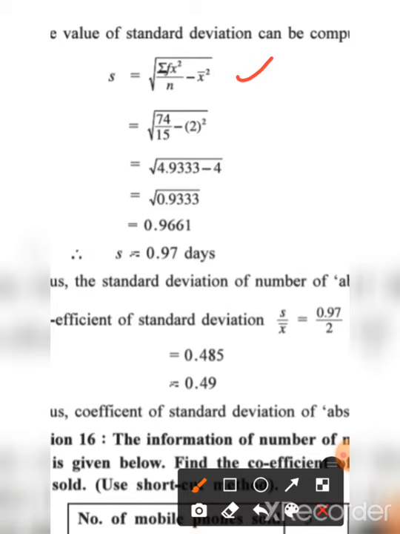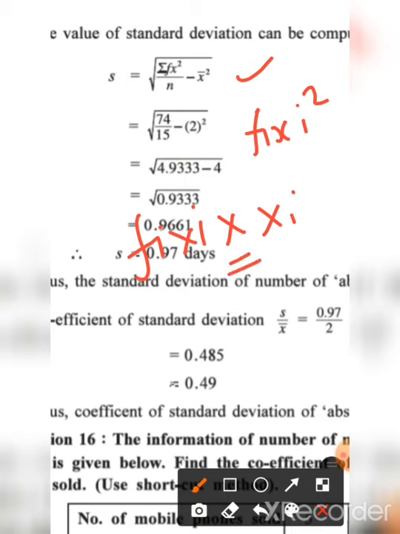While we talk about fi xi square, you are not going to do the square of the column of fi xi, but what you need to do is multiply fi xi by xi to get your fi xi square. So over here it's fi xi square upon n.